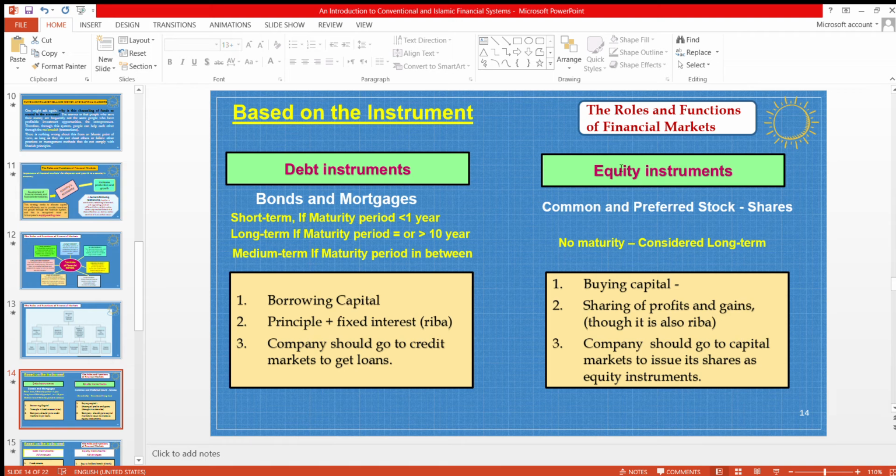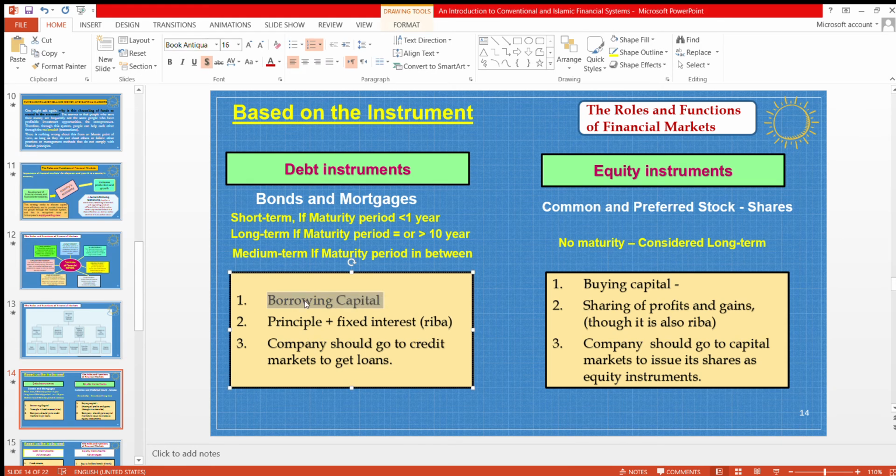Equity market is related to ownership. On the other hand, in a debt instrument there is no ownership, just borrowing of capital. When a company needs cash, it issues a bond into the market, and people buy the bonds and pay the money. So it is borrowing of capital.